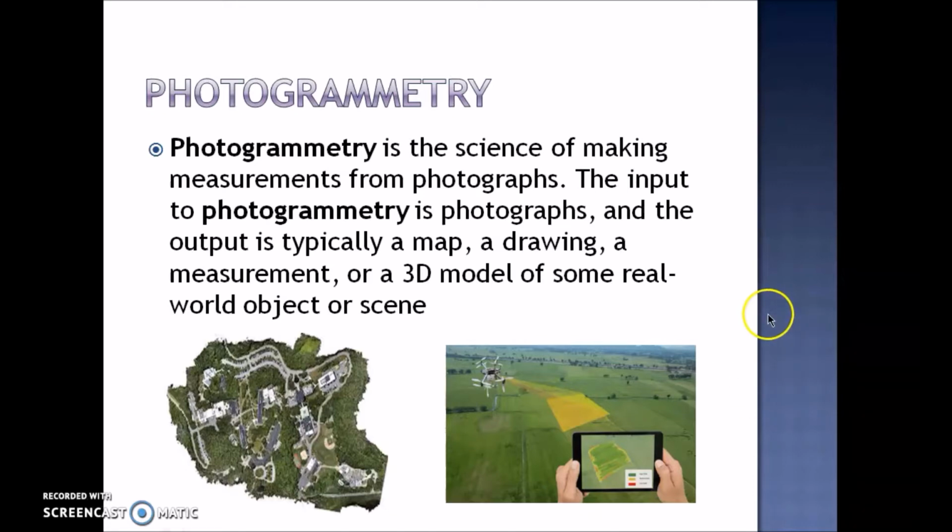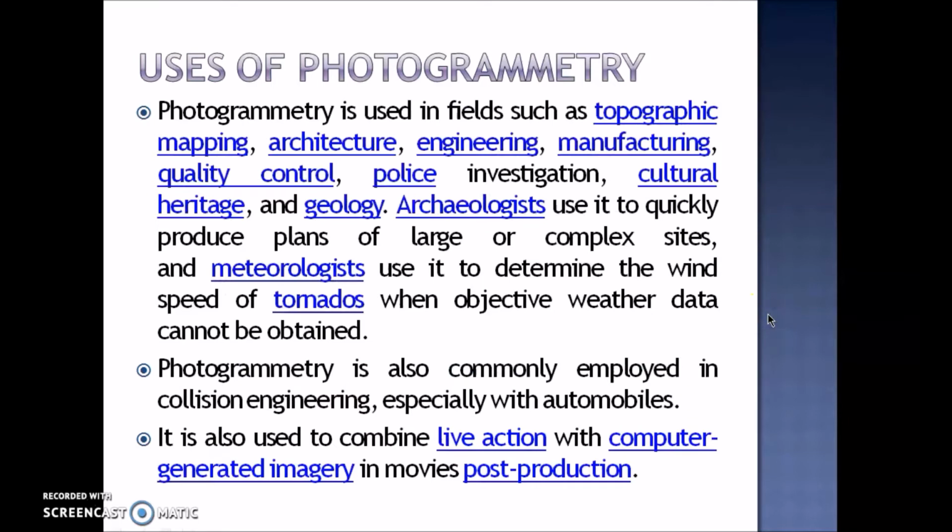What is the use of photogrammetry? These are all the fields in which we actually use photogrammetry. Topographical mapping is the first: we take the inputs of photographs and we create maps.